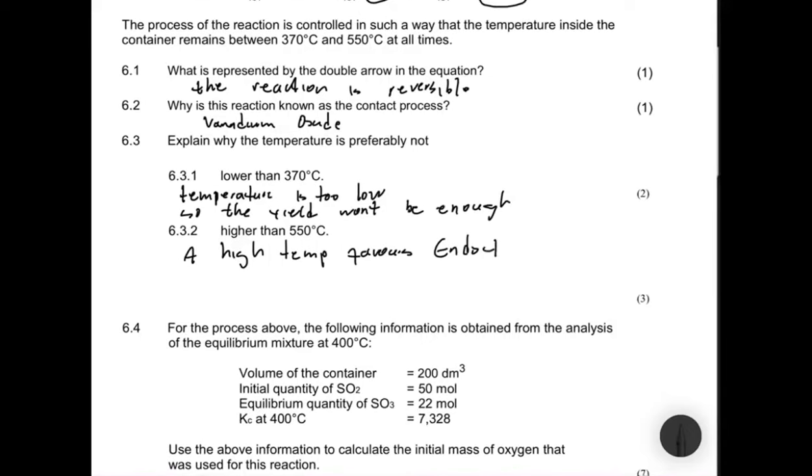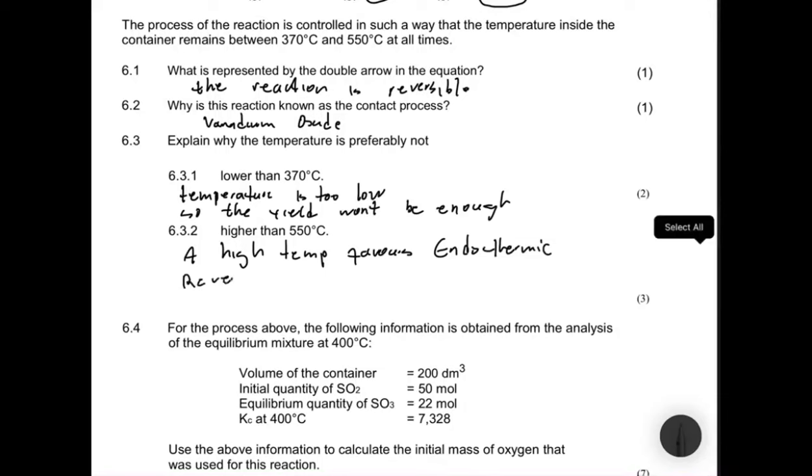So here we're saying that a high temperature favors an endothermic reaction, right? A high temp favors an endothermic reaction, right? And then clearly the reverse reaction is endothermic, right?